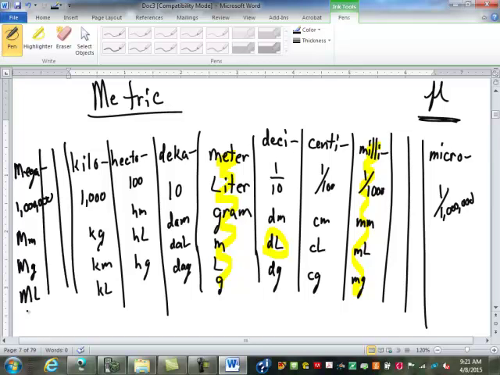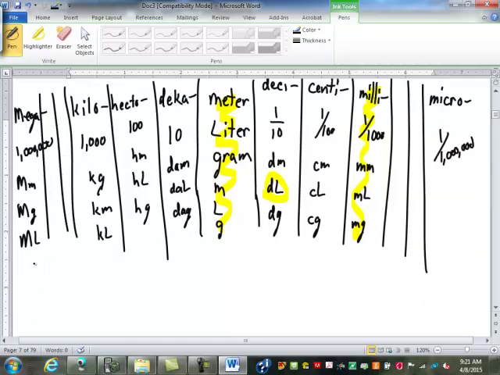The only one there that gets used much is the megagram. The megagram, which is a million grams or 1,000 kilograms, is often referred to as the metric ton. So the metric ton is 1,000 kilograms, which is slightly larger than the standard ton.